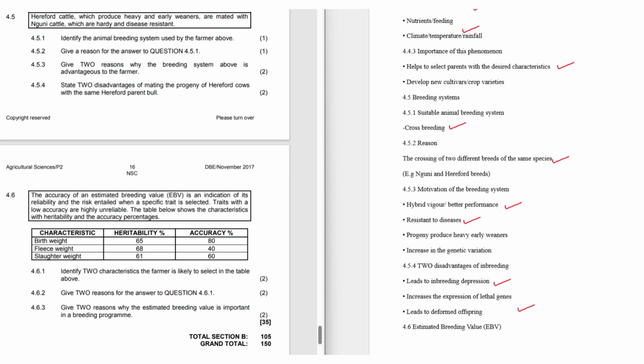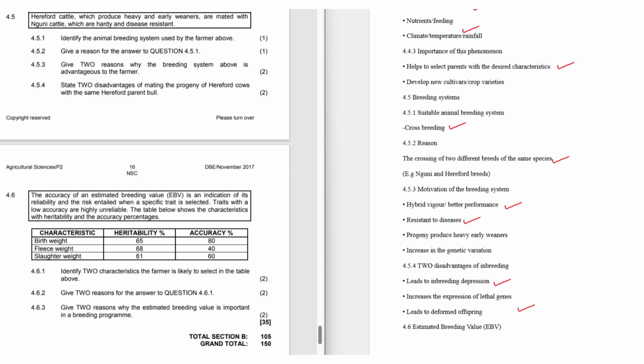Hybrid vigor is when offspring have better performance than the parents. That's the result of crossbreeding, so the offspring can perform better than the parents.